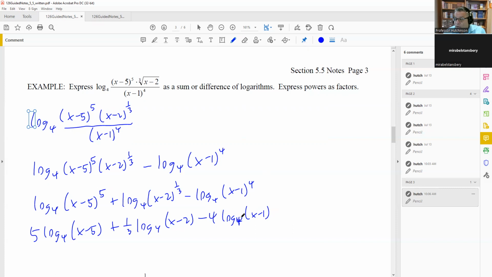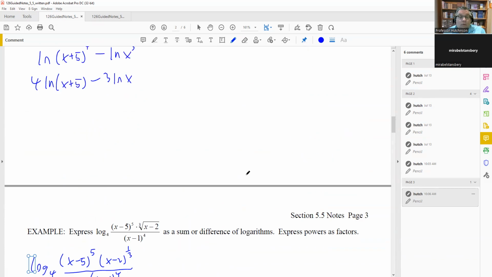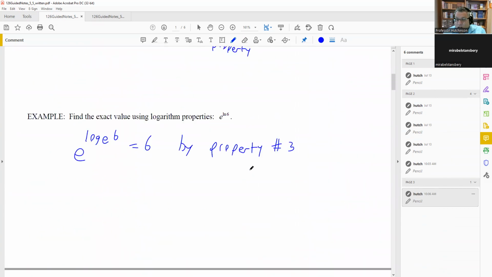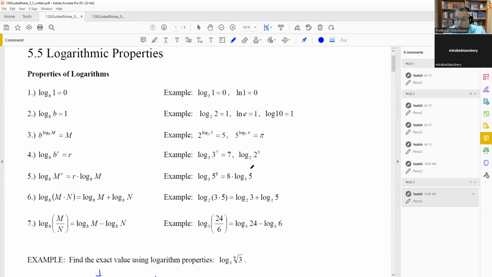But I want to go over that for a second, because even though this 4 and 4 match, let's go back up to the properties, and we have to look at if that turns into a 1 or not. Notice that property number 2 says that that number has to be immediately after the log in order for it to turn into a 1. So like this here, log base 2 of 2, or if it was a 4, it'd have to be a 4, log base 4 of 4 equals 1.